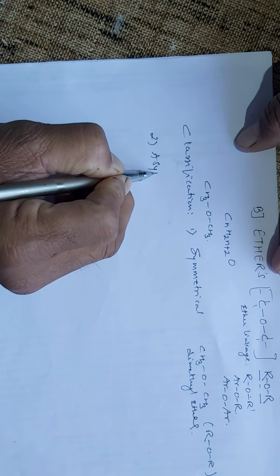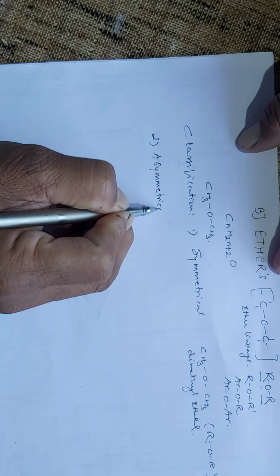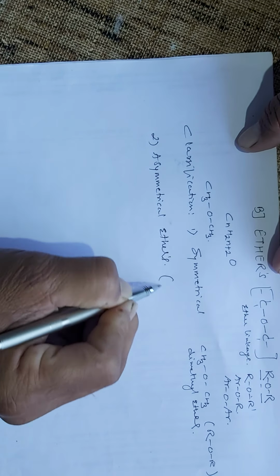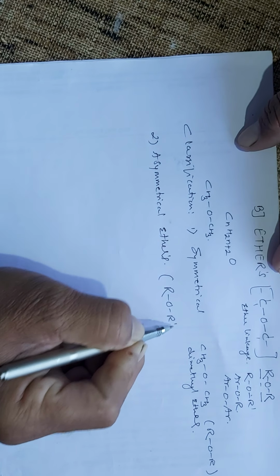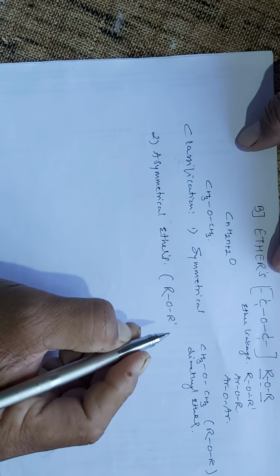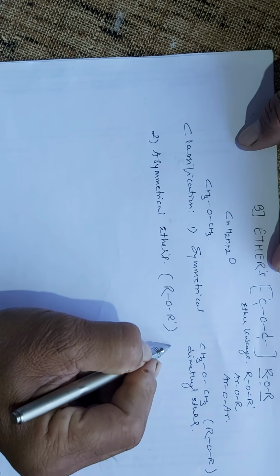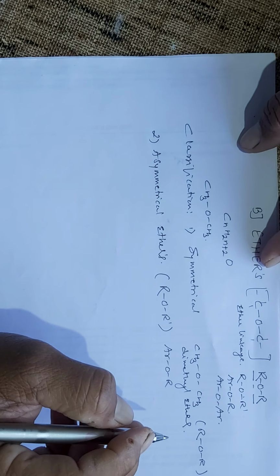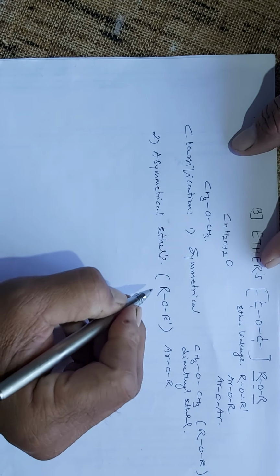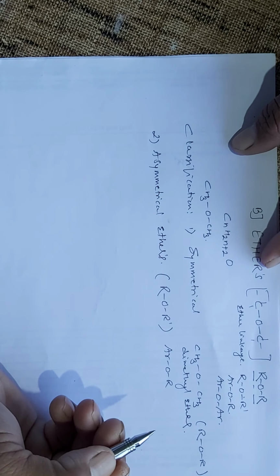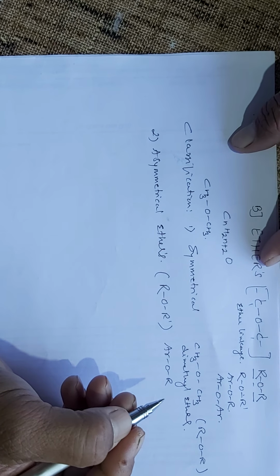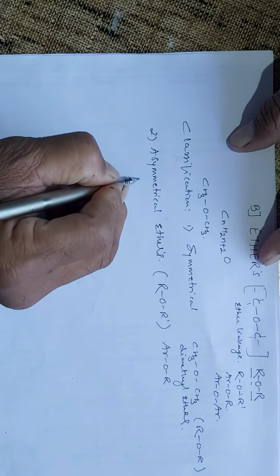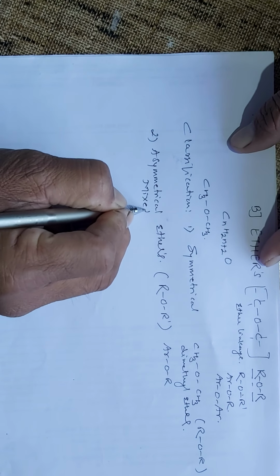And the second type is asymmetrical ethers, having the general formula ROR dash, or you can say ArOR. These are the asymmetrical ethers, meaning two different types of alkyl or aryl groups are attached to the oxygen atom, and so they are also termed mixed ethers.